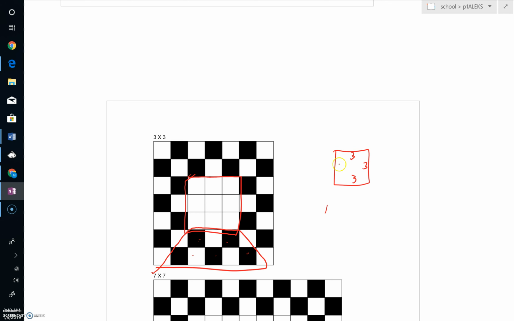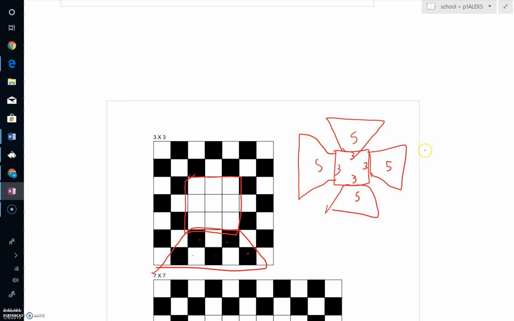But could we still group things the way we just did? Yeah. Here'd be a 5, and here'd be a 5. This way, we'd have 5, and this way, we'd have 5 also. So in other words, with a 3 by 3 grid, we've got 4 groups of 5. There'd be 20 tiles all together.